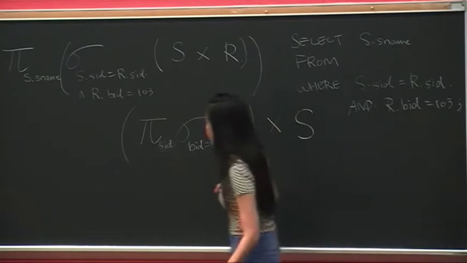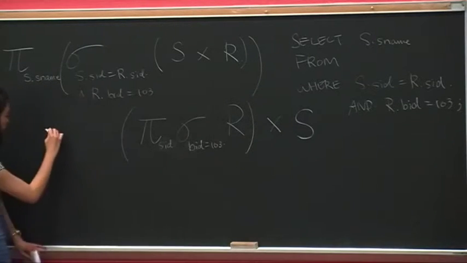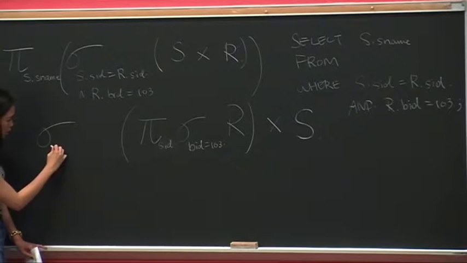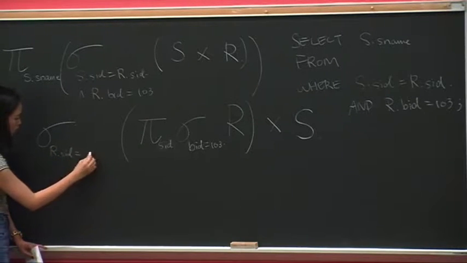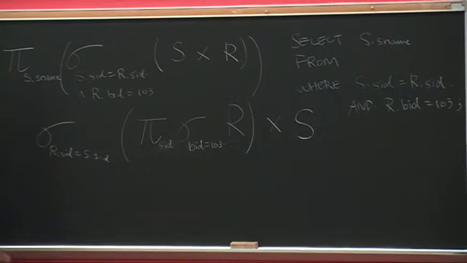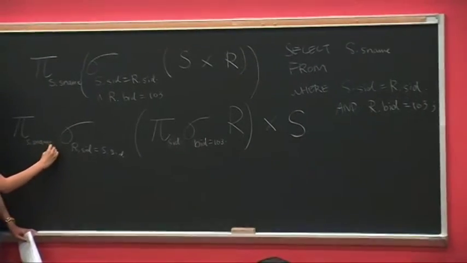When we go back here, and say we want where the RSID equal to the SSID. Okay, and then finally, for the whole thing, we take S out of it.